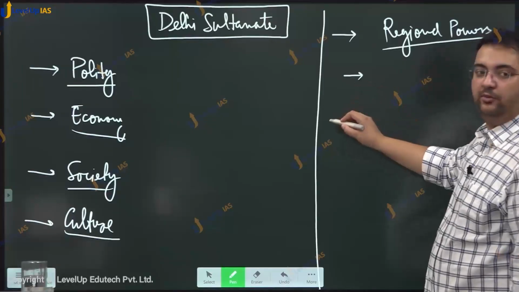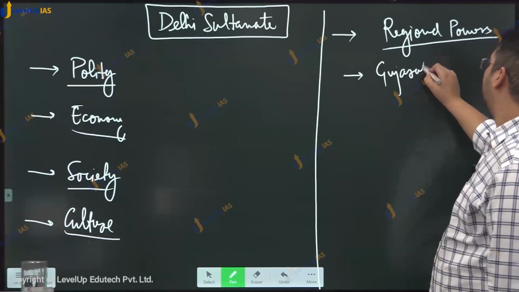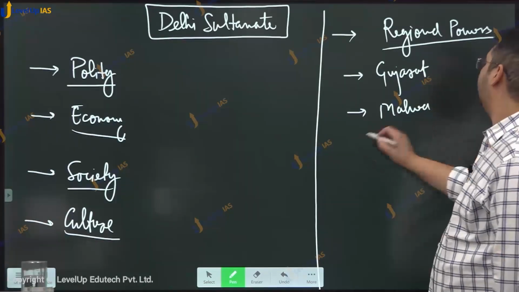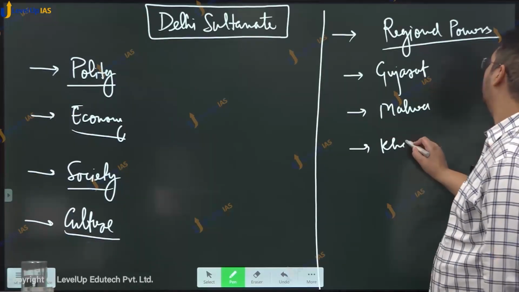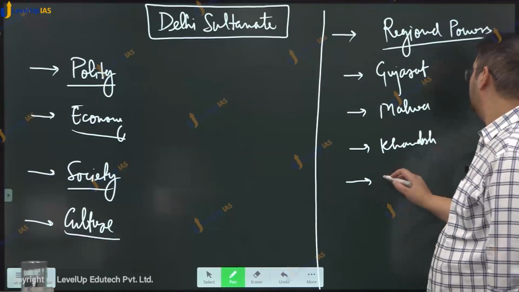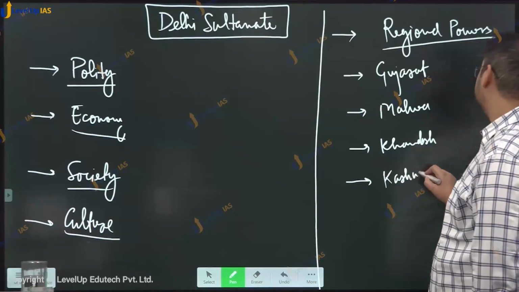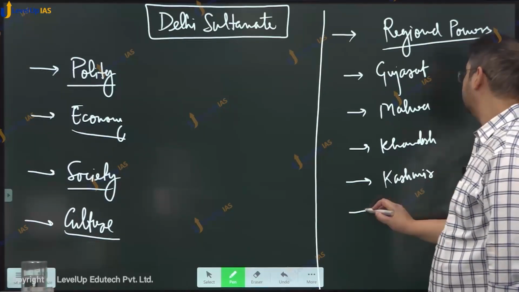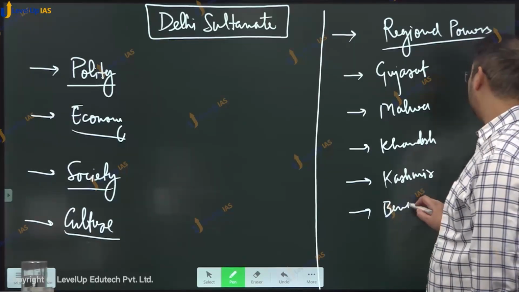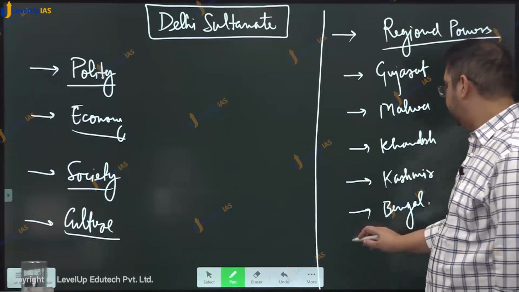We are going to talk about गुजरात, मालवा, खानदेश, कश्मीर, Bengal, and powers in the Deccan region.